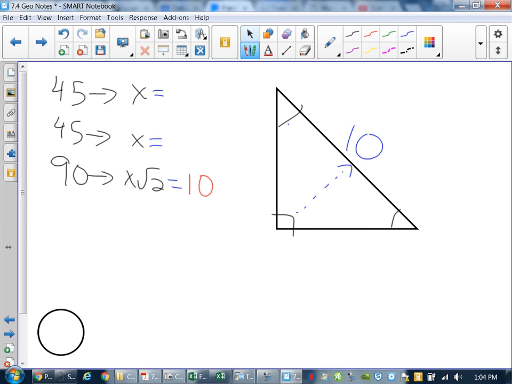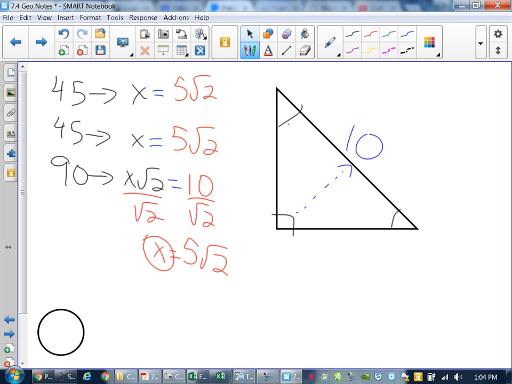Divide. So all I have to do now is take my calculator out and divide 10 by the square root of 2. And the calculator gives you what's called a simplified radical form. What do you get? You get 5 root 2, which means that's playing the role of x, so that goes here and here.